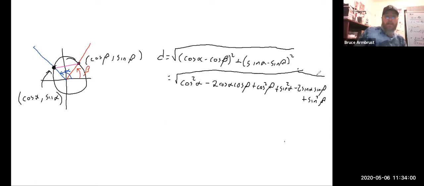Because notice, let me do some circling here. I've got a cosine squared alpha, and I also have a sine squared alpha. What do I get if I add those together? Good. It's 1, right? Sine squared plus cosine squared is equal to 1. Similarly, I've got a cosine squared beta and a sine squared beta. Those also add up to 1.